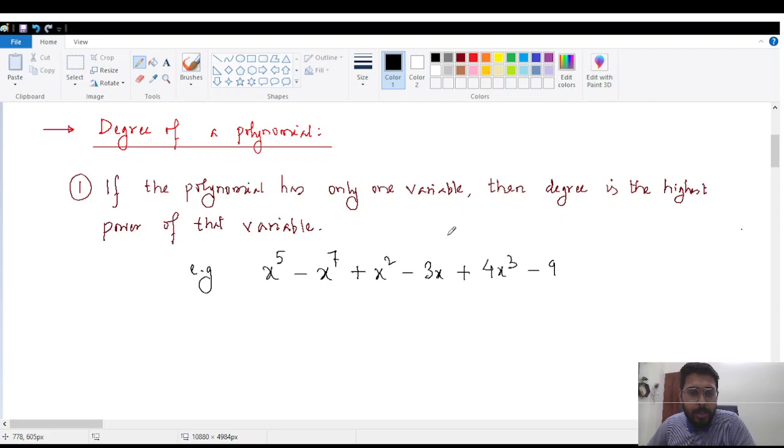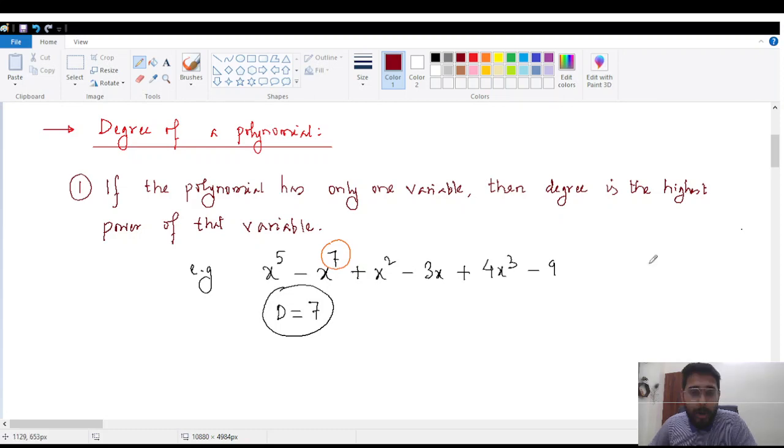You can see that there are multiple powers in it, but we cannot deny that there is only one variable in the entire polynomial, that is x. Now, what is the highest power of that variable? The highest power is 7, as you can see clearly. So the degree of this polynomial must be 7. It's a 7-degree polynomial. This is how we find the degree if the polynomial has one variable only.